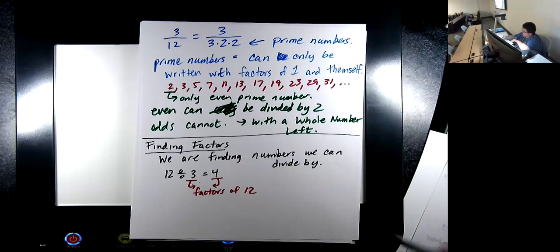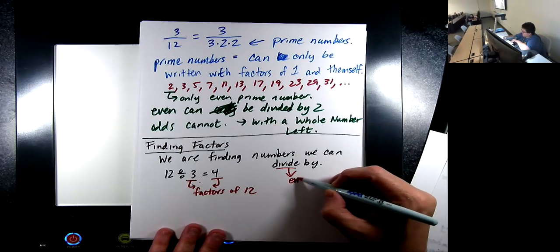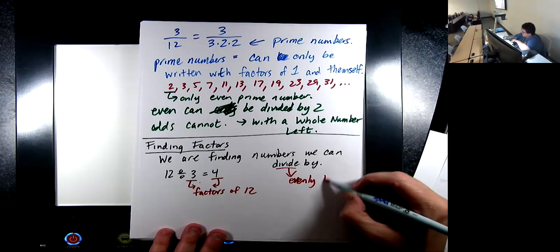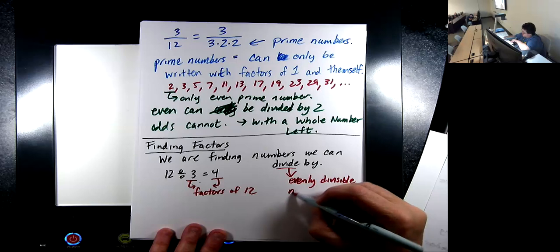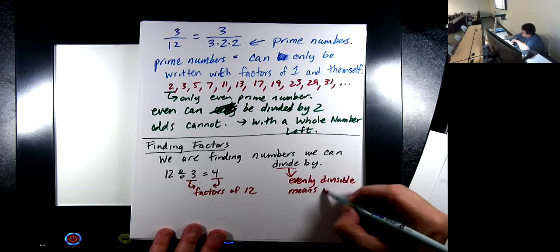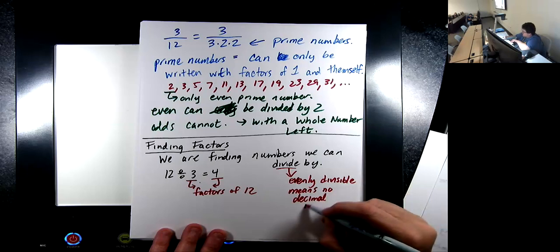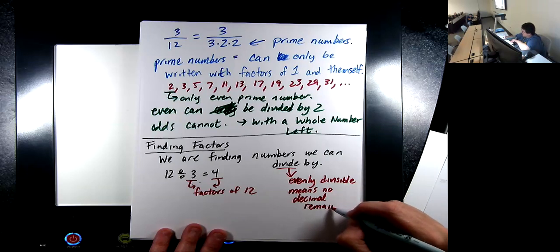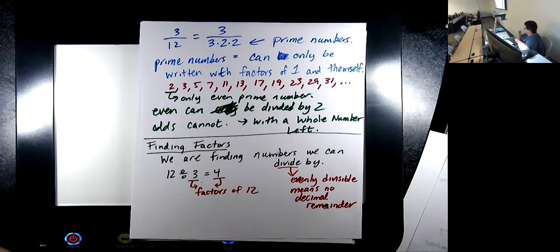And when I say we can divide by them, I mean evenly divisible. Evenly divisible means no decimal left over. Remainder is the word we like to use in math. If you do it in a calculator, there's no decimal remainder.